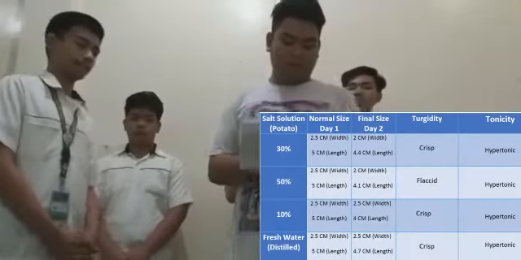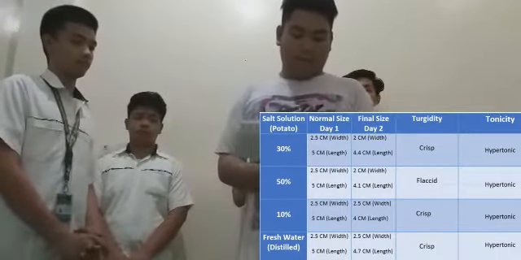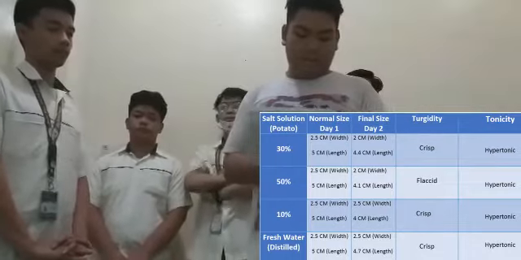I discussed the potato, the other sample. The initial size of the potato with 30% salt is 2.5 centimeters in width and 5 centimeters in length.